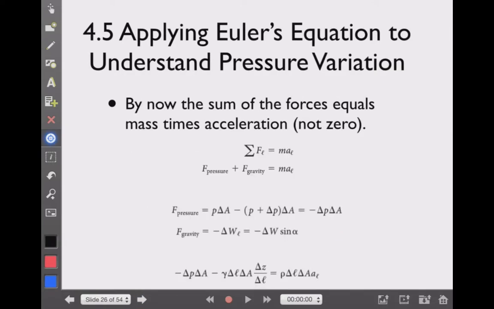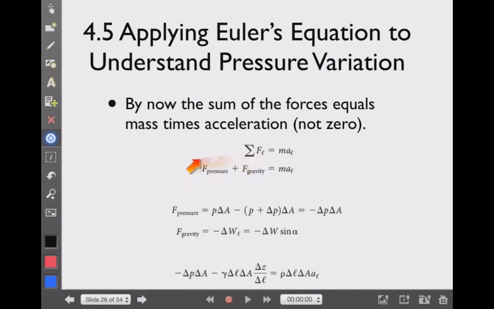I'm not going to go through this in too much detail because we did this in hydrostatics. The only difference here is that instead of setting the sum of the forces equal to zero, we set them equal to mass times acceleration. And this acceleration now is the acceleration along that L axis, along the axis of the fluid parcel. So basically, we're going to have a pressure force, like we've dealt with before, and a gravity force.